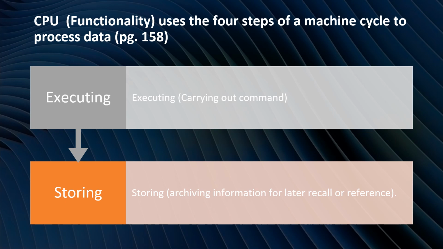The rest of the steps of the CPU functionality. You have executing. Executing carries out the demands from fetching and decoding, because in order to execute, you have to get the fetching and the decoding first.